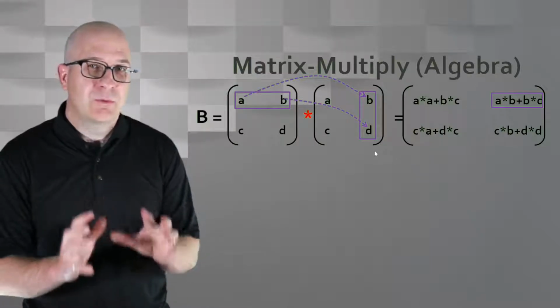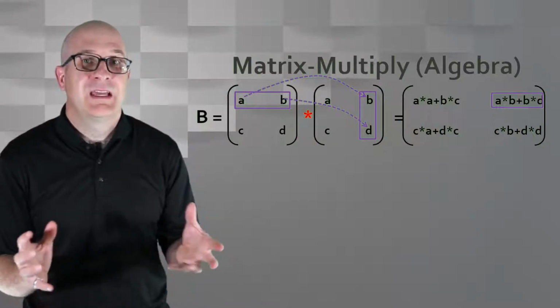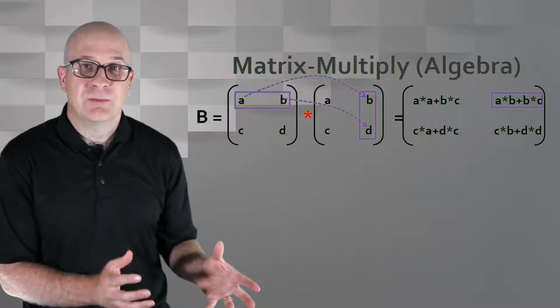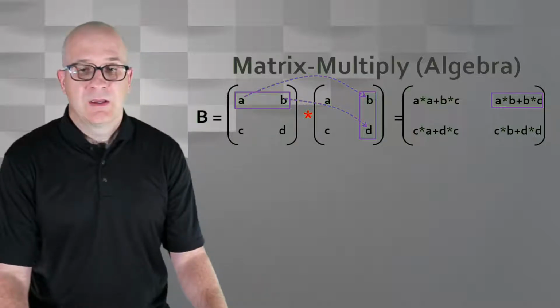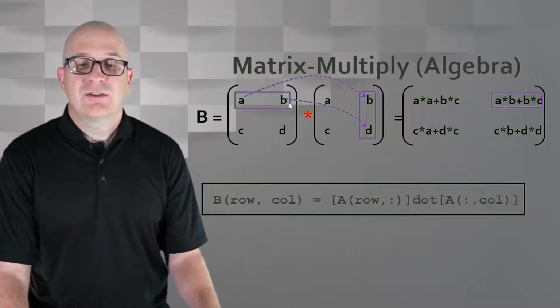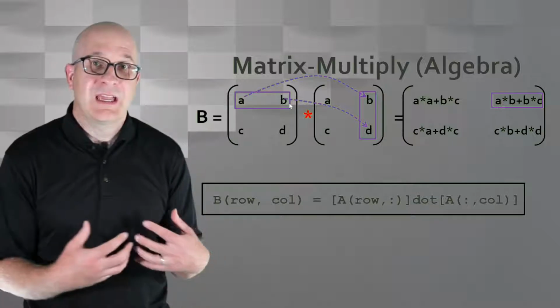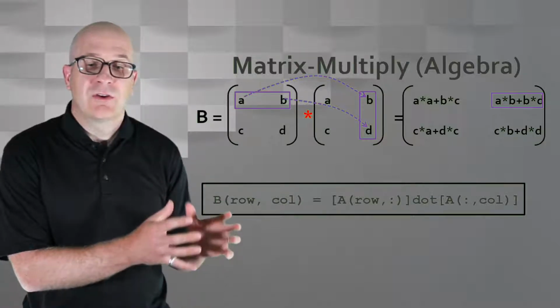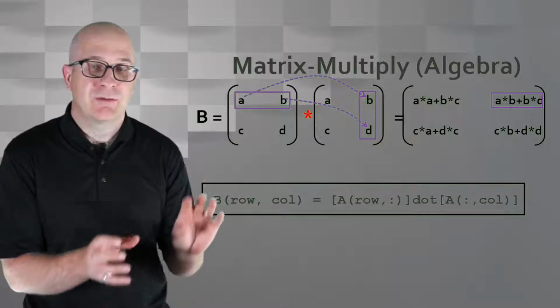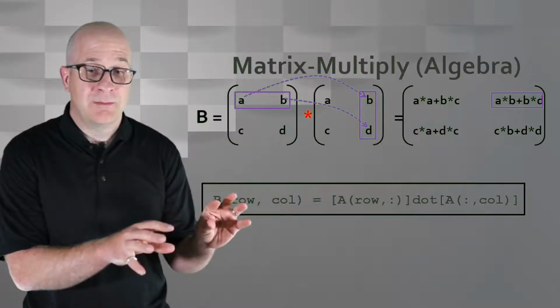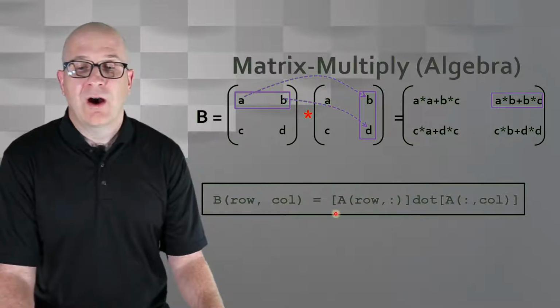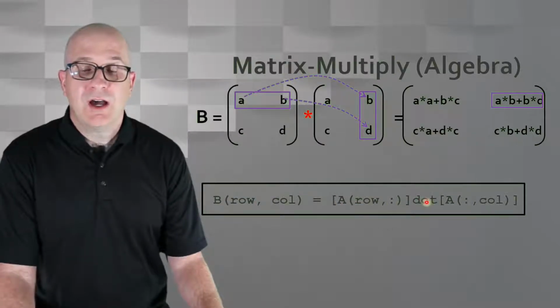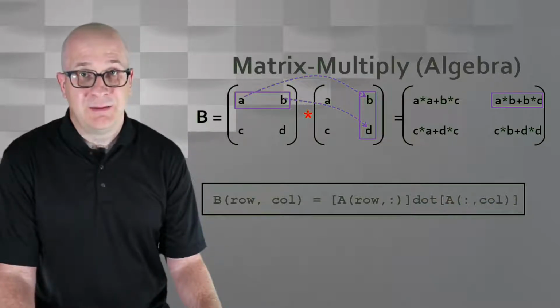So there are some rules there, and you're going to explore them in the exercises associated with matrix multiplication, but there's some rules associated with this matrix multiply. So if we take a look at trying to generalize this rule, what we're going to say is that the B matrix row entry, column entry, so if we had a row number and a column number, is going to equal this A matrix of the whole row dot product with the A matrix of the whole column of the second A matrix there.